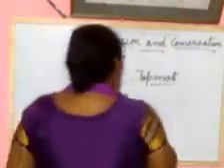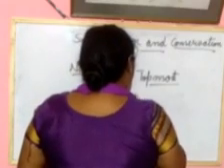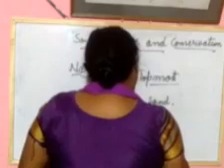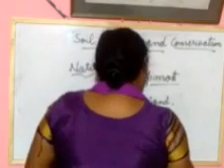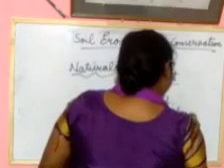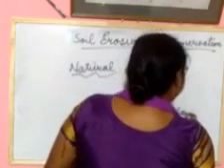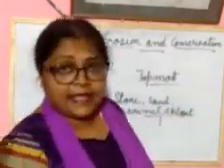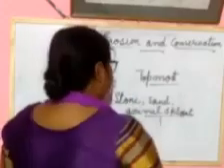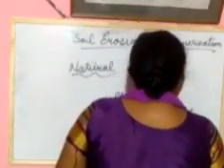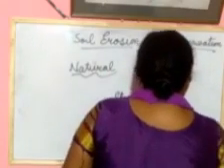Soil is made up of stone, sand, and the dead decay of animals and plants.